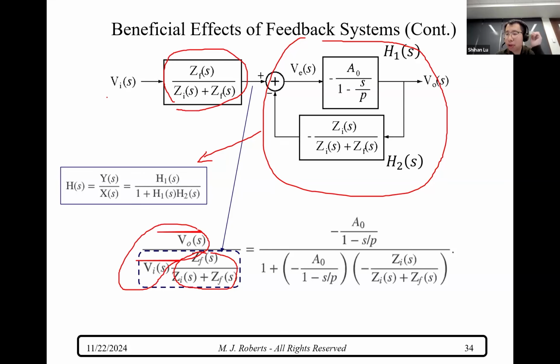That's the overall system transfer function, but because we cascaded another term into it, we're going to have the extra term in the denominator. And on the right side, this is simply following the definition of the transfer function for a feedback system. That's the right side of the equation.